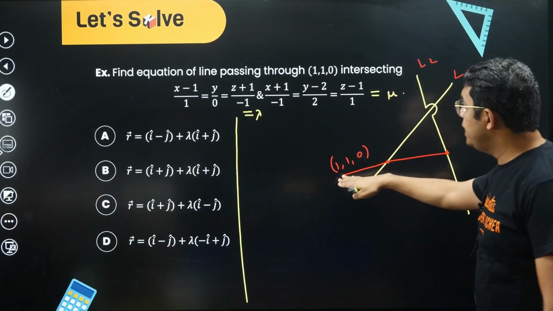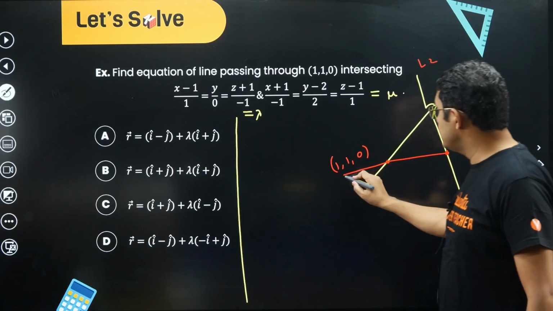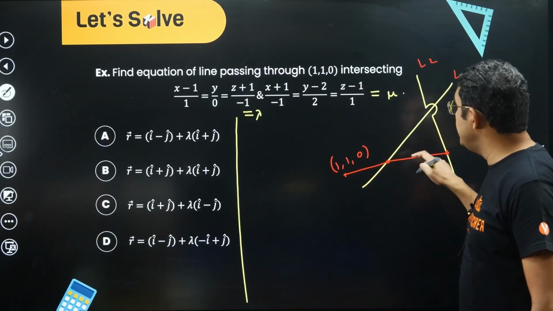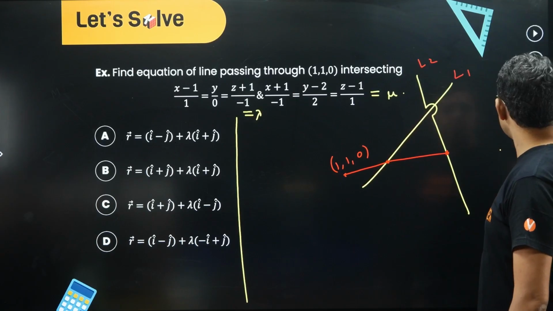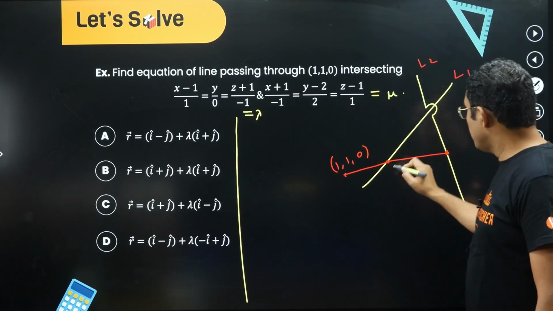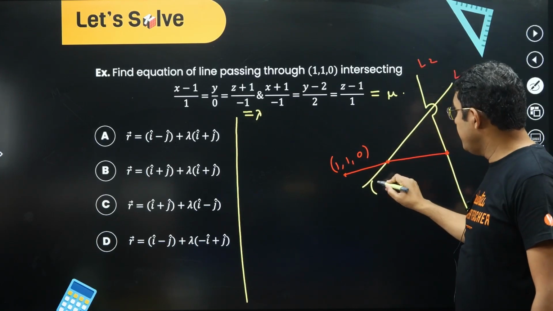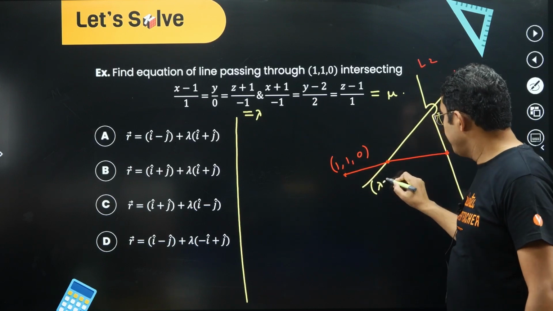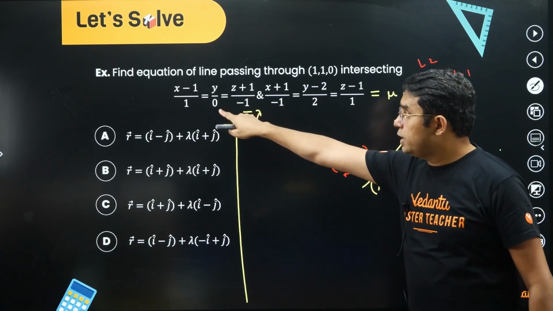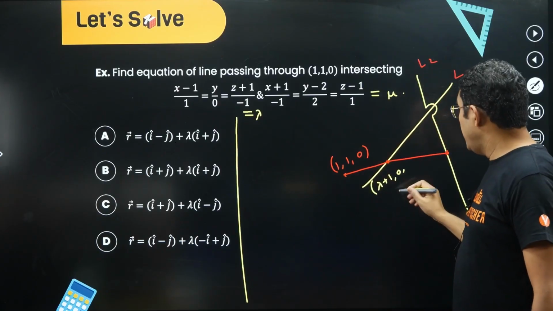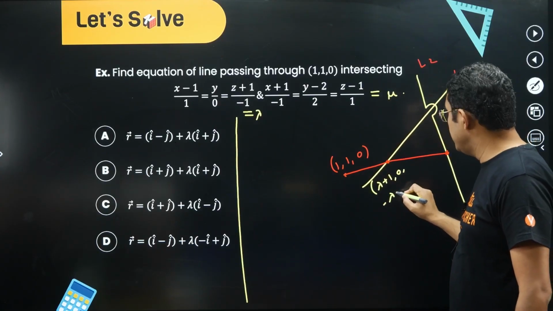So we have to find the equation of this line passing through 1, 1, 0 and intersecting this line and this line. I can call this point lambda plus 1, then 0, because there is 0 in the denominator of y, and lambda minus 1.